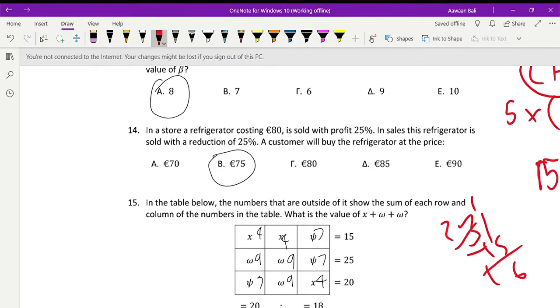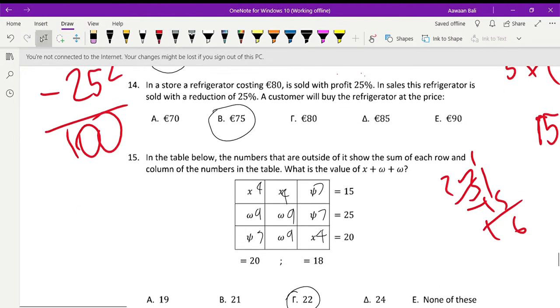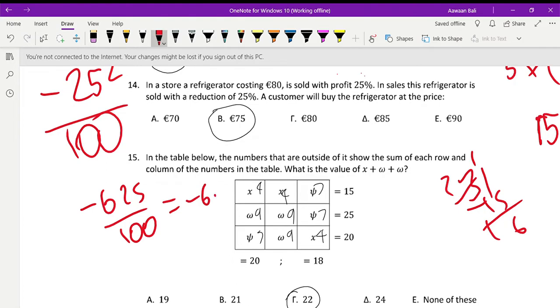When the profit and reduction have the same percentage, they're both 25%, there's a secret method you can do. Minus x squared divided by 100, where x is that percentage. Here it's 25. So minus 25 squared upon 100, minus 625 divided by 100, minus 6.25.